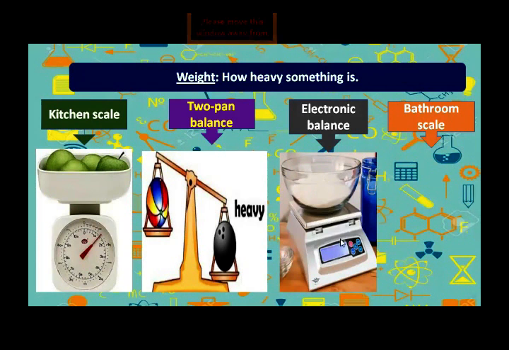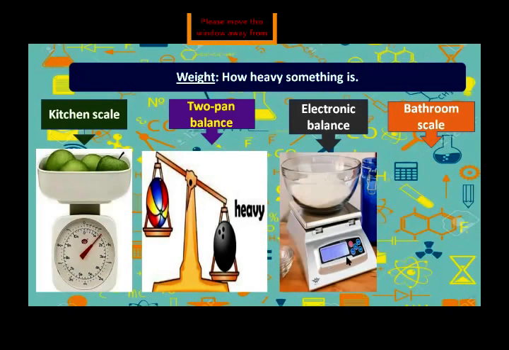You have seen this in the Imtiaz supermarket or in the metro, when you go for grocery shopping. This electronic balance is mostly used to weigh the spices or the dry things, and it will tell the weight in numbers.